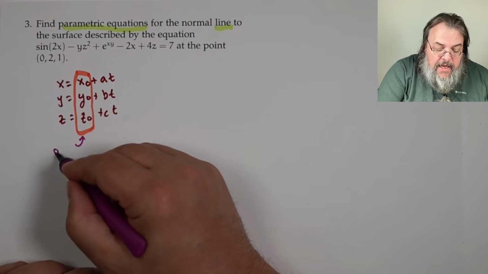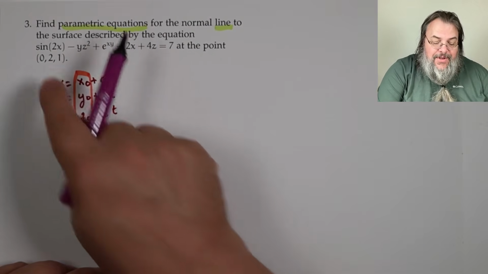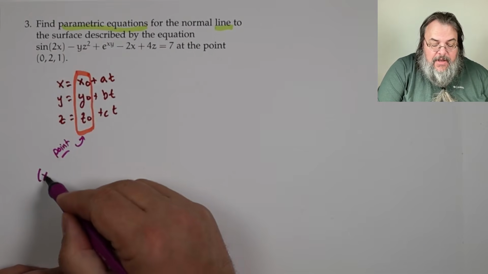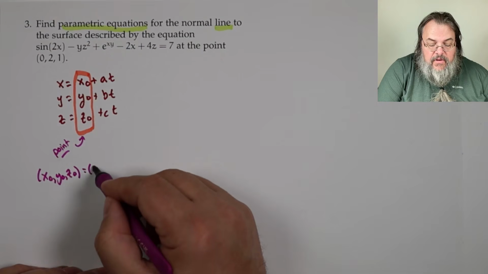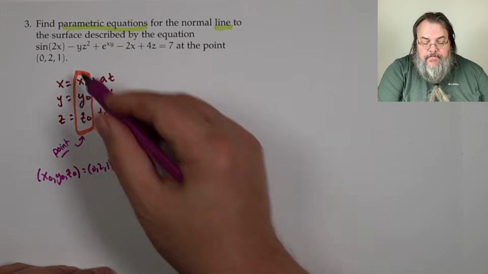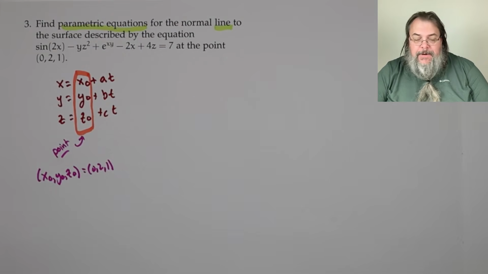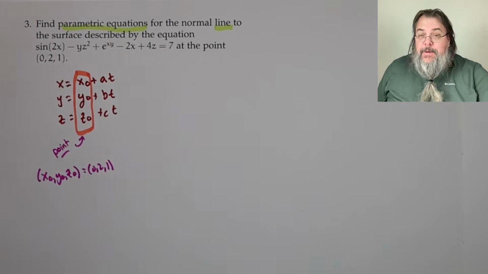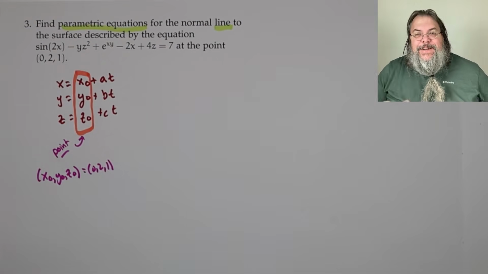Now, we actually know a point. It's given in the problem. So we can say right away that x0, y0, z0 is (0, 2, 1). So that part we can fill in. And that's usually fairly straightforward. It tends not to be the point of the problem, right? We gotta put in some work.